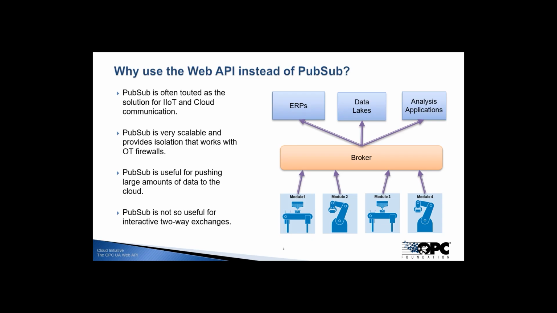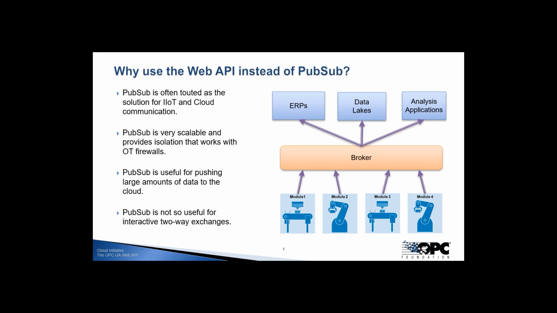So it's worth noting that we've talked a lot about IoT and PubSub and how PubSub is the future for cloud communication. And PubSub is great for certain use cases. It is very scalable, provides a level of isolation that works with OT firewalls. It's useful for pushing large amounts of data into the cloud where it can be analyzed by various types of cloud-based analysis applications or even AI engines.